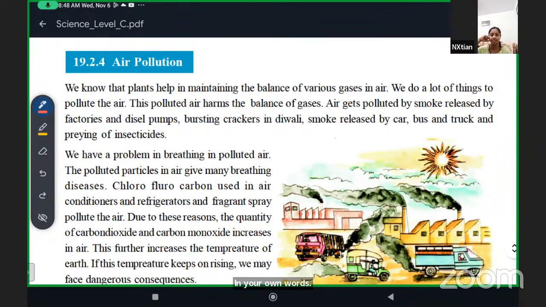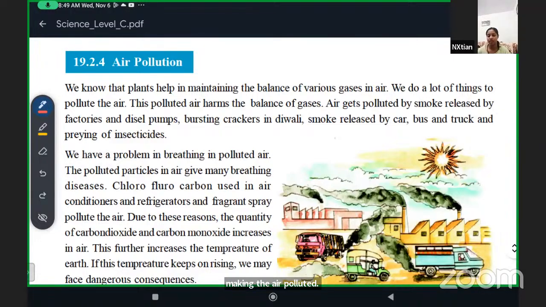Making the air unfit to breathe. Can you repeat that? Making the air unfit to breathe. Yes, that is right. Making the air polluted. Okay, that is air pollution.